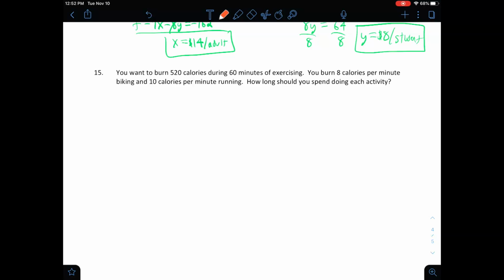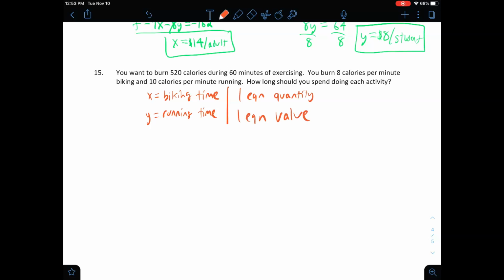So for this one, we're going to have x equals biking time. Your x and y always equal what you're looking for, right? So biking time is what we're looking for, and y is going to equal running time. And then for our two equations, one is going to be quantity and one is going to be value.